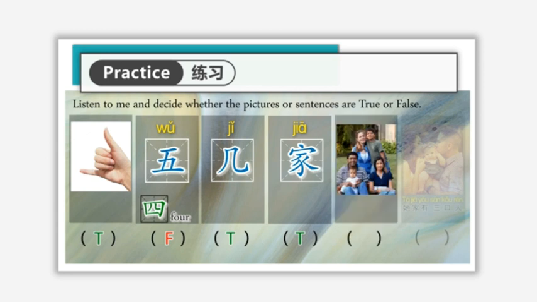Number 5. 他家有6口人。False. 他家有几口人？他家有5口人。Number 6. 他家有3口人。True. Very good.